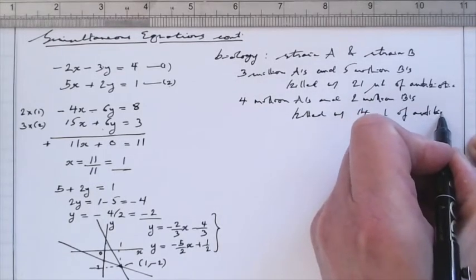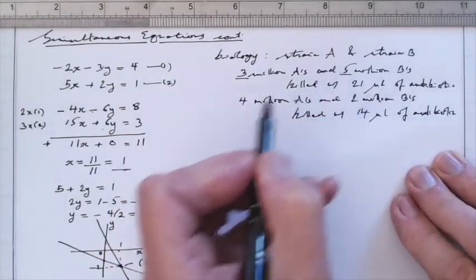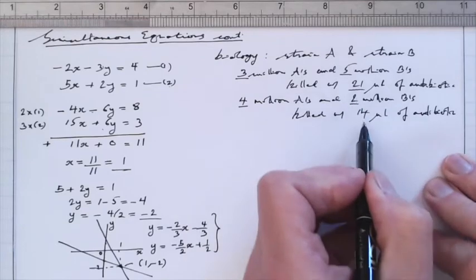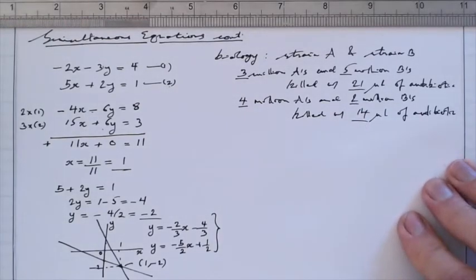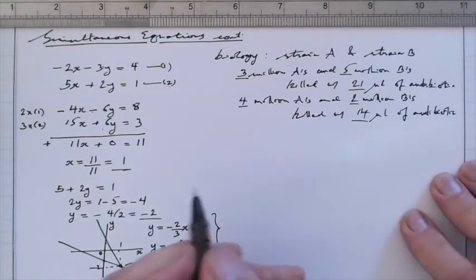I'm sorry, my handwriting is getting a bit scrappy here, but it's really these numbers that are the key things for us to focus on. So we want to work out how much antibiotic is required to kill 1 million A's or 1 million B's.